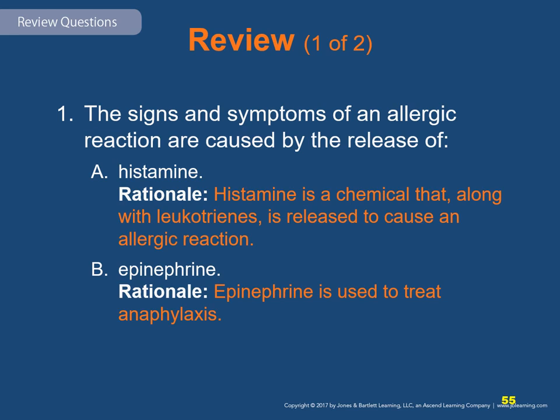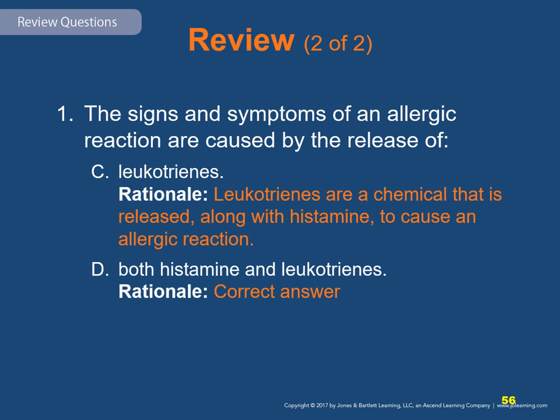Histamine is a chemical that, along with leukotrienes, is released to cause an allergic reaction, but it's only one of the two things that are released. Epinephrine is actually used to treat anaphylaxis. Number 3, leukotrienes. That's the other thing that's secreted. Leukotrienes are a chemical that's released along with histamine to cause an allergic reaction. So the correct answer is D, both histamine and leukotrienes.